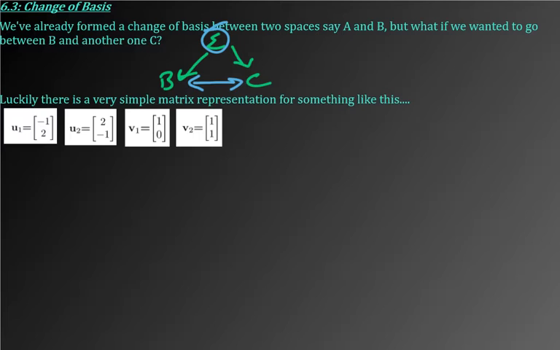And there actually is a notation for this. There's some matrix P, and we do this weird notation with a backwards arrow.